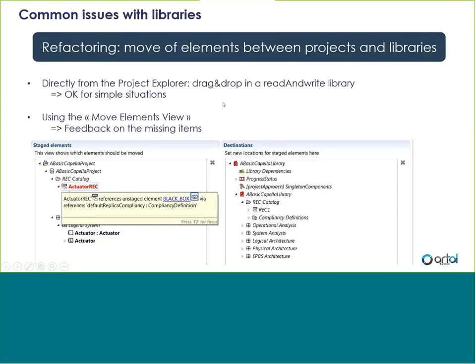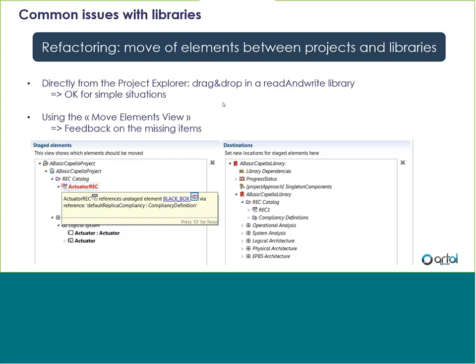So let's now have a look at common issues with libraries. The first one, very important, is the refactoring between projects and libraries, because you don't necessarily think of the reuse at the very beginning of your project.